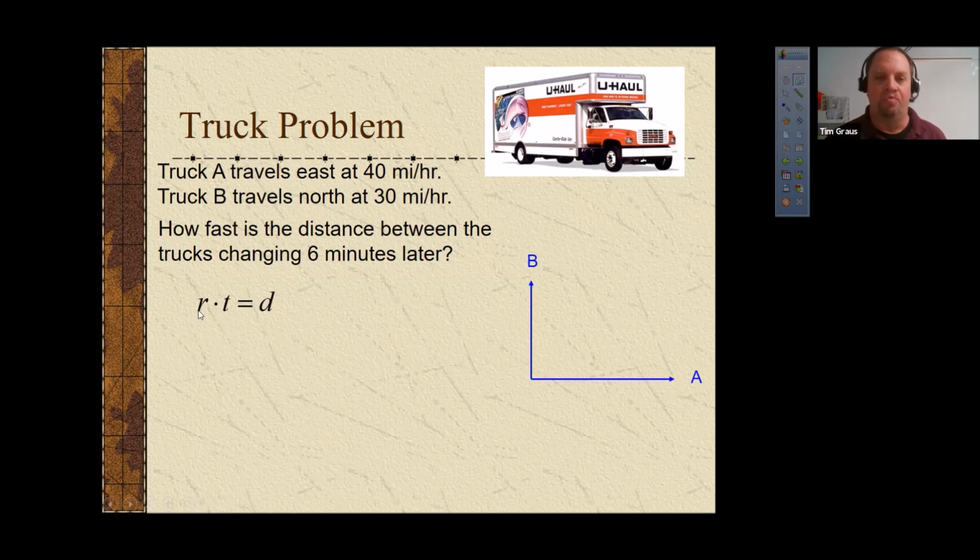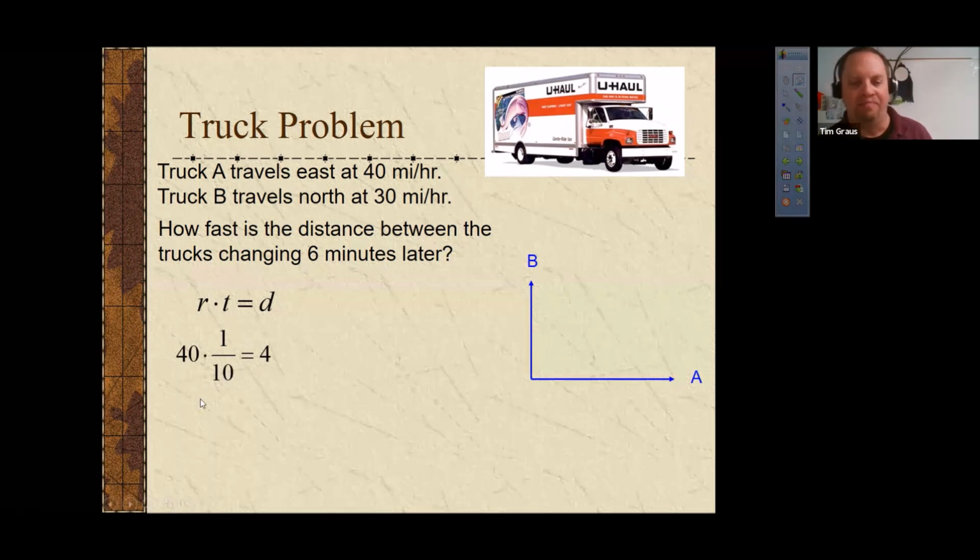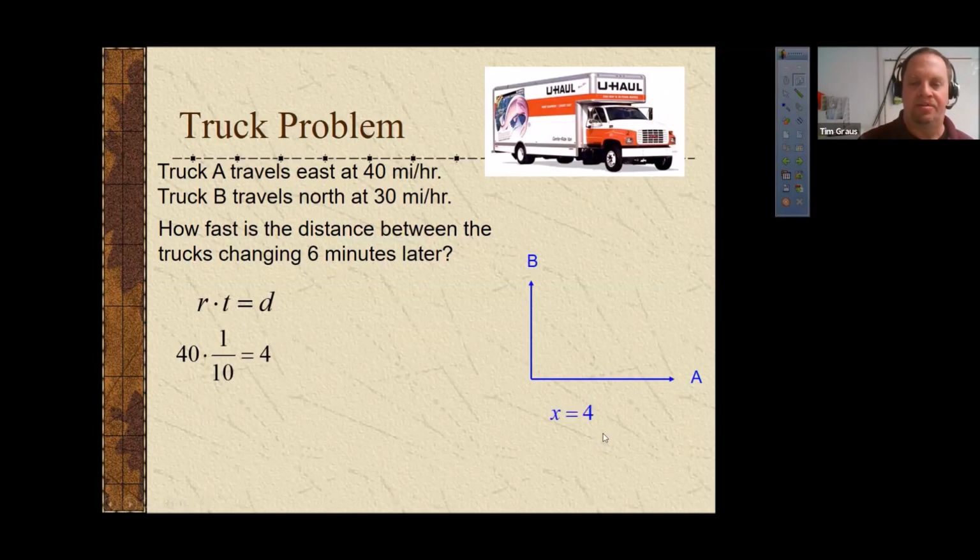So if I take the rate of 40 miles per hour times 6 minutes, or 1/10 of an hour, that means truck A has traveled 4 miles. So the distance here is 4. If I take 30 miles per hour times 6 minutes, or 1/10 of an hour, I get 3 miles that truck B has driven.